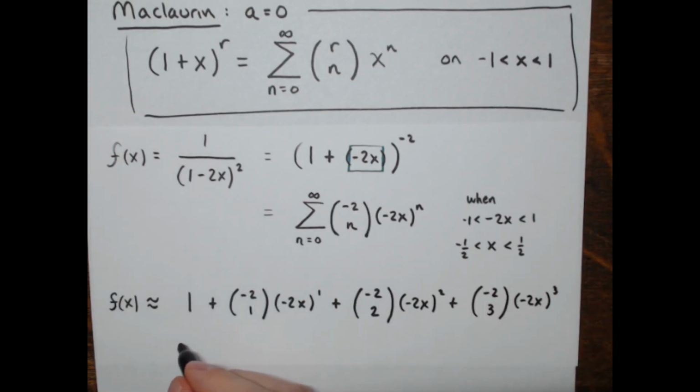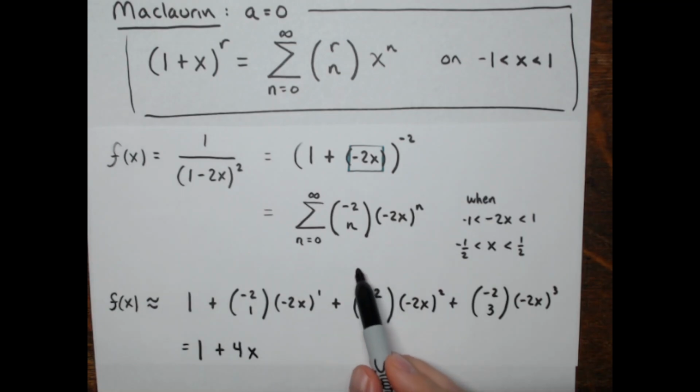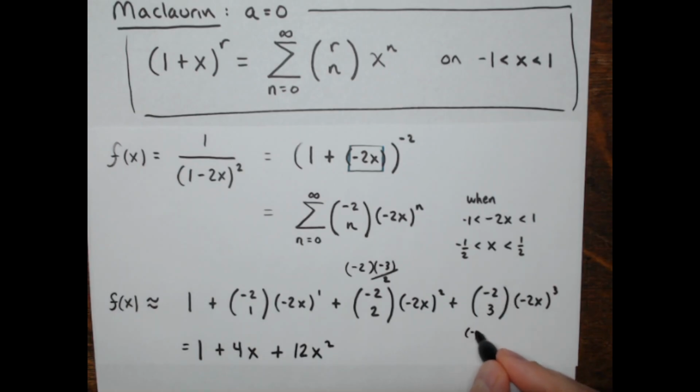Right? So this is 1. Now negative 2 choose 1 is just negative 2, and then negative 2x to the first is negative 2x. That'll be plus 4x. This would be negative 2 times negative 3 divided by 2. So it's just 3, and then times 4x squared, so plus 12x squared. And then negative 2 choose 3 is negative 2 times negative 3 times negative 4 divided by 6, but that cancels these.